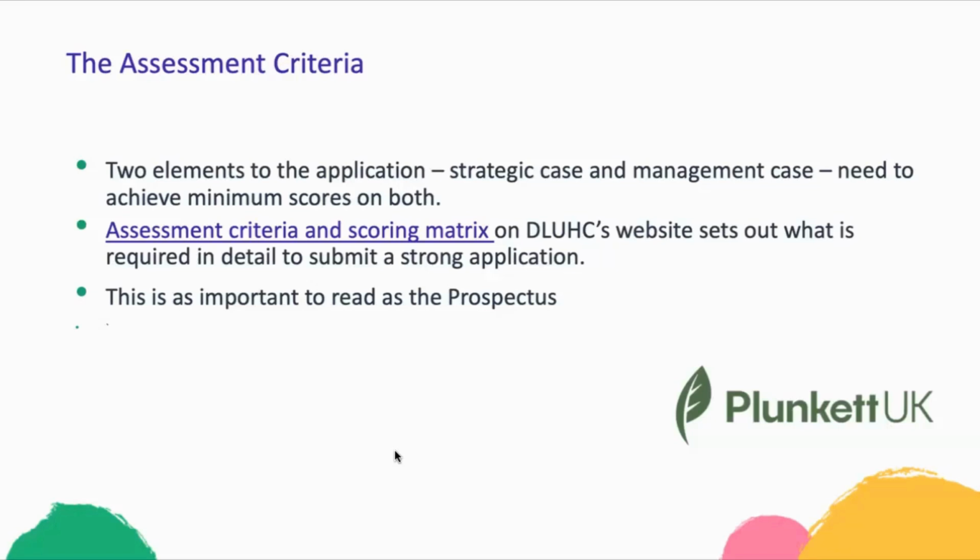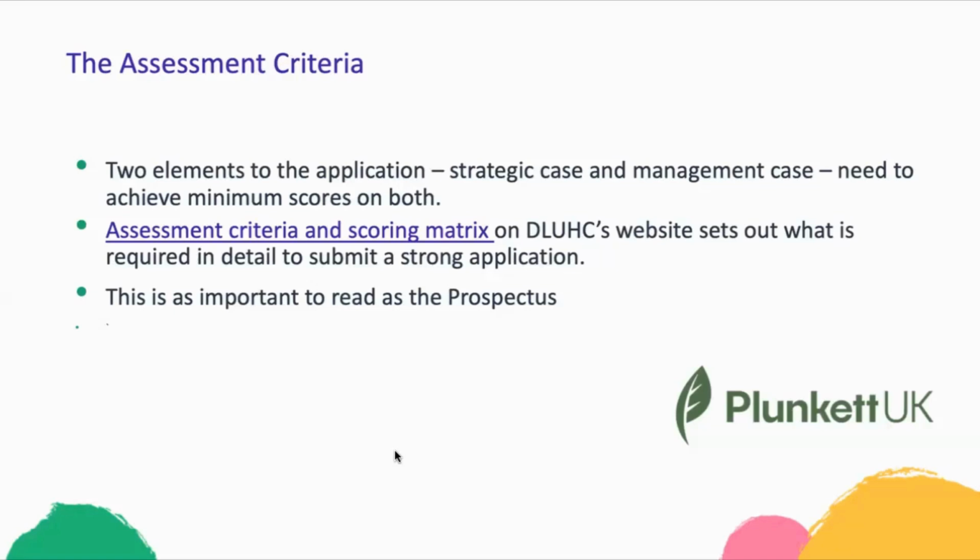And we're also told that the 2/3 that have failed have failed because they haven't scored highly enough against the assessment criteria and the scoring matrix. So they've fallen down somewhere. Now, it's quite possible that in the next round, because the government are encouraging groups to apply now, because it's coming towards the end of the scheme, because there's only 1 more round, that there will be more groups applying.